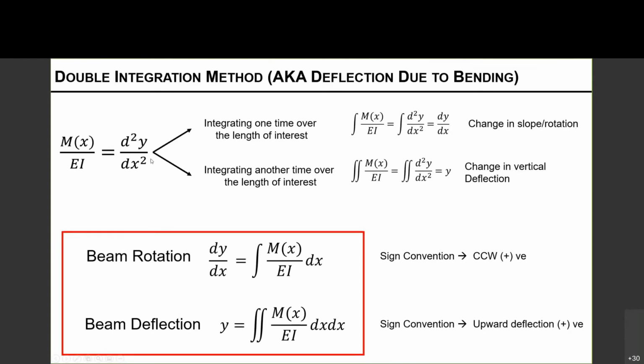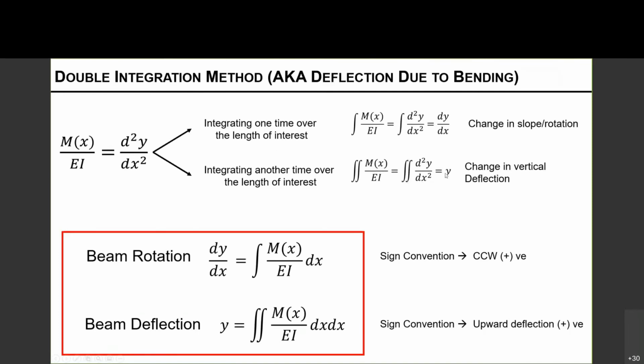And again, if we want to integrate it another time, that means we are integrating Mx over EI 2 times. This is called the double integration. This will be equal to the double integration of d squared y over dx squared. The same thing in front of it, I am integrating 2 times, one time and the second time.